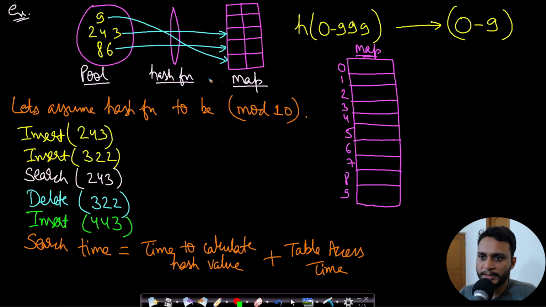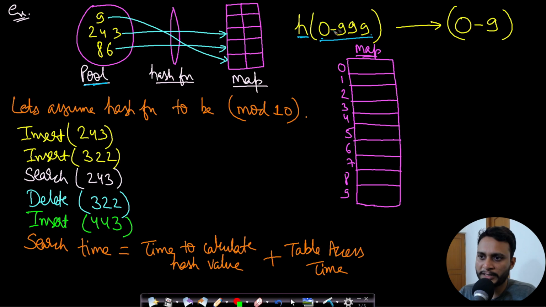Now let us take an example and understand. Let's say that this pool here is representing only 3 elements, but it can have elements in the range of 0 to 999, that is 1000 elements. So any element in the range of 0 to 999 can go to this hash function. So we can write h of 0 to 999.